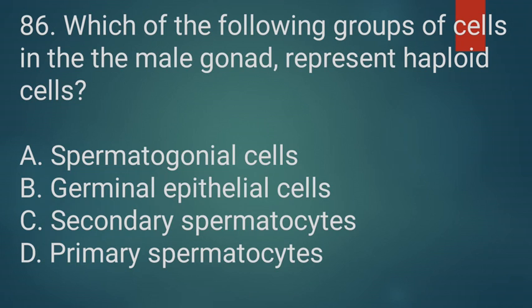Options are option A spermatogonia cells, option B germinal epithelial cells, option C secondary spermatocytes, option D primary spermatocytes.